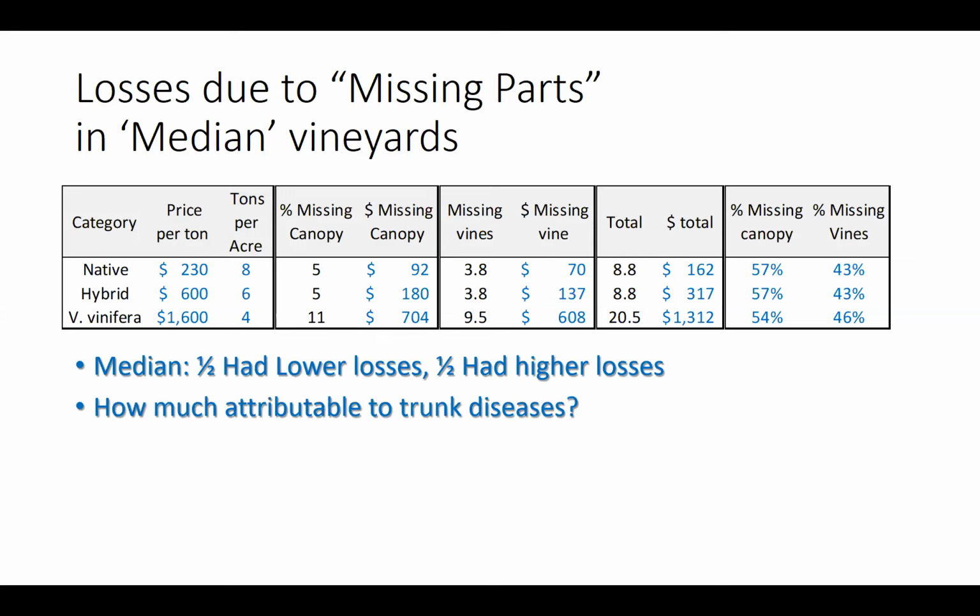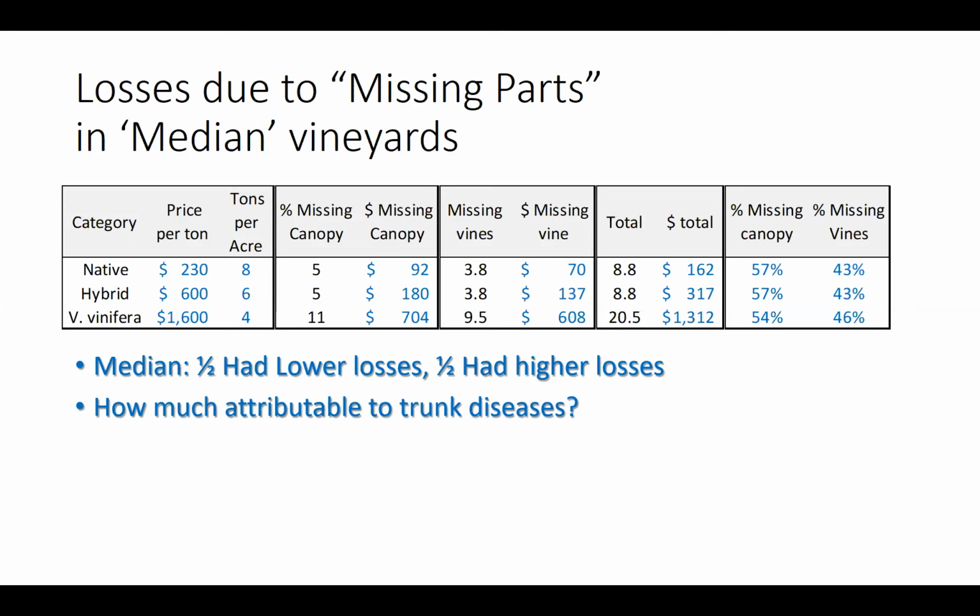And the second thing that I want to emphasize is that although this webinar is about trunk diseases, we didn't really go out and identify trunk diseases beyond the Eutypa and the crown gall that we were able to look at. So we don't know how much of this is attributable to fungal trunk diseases.